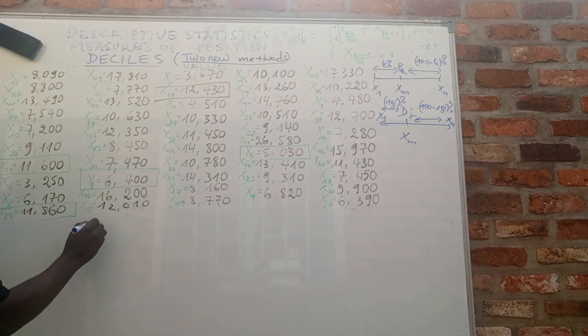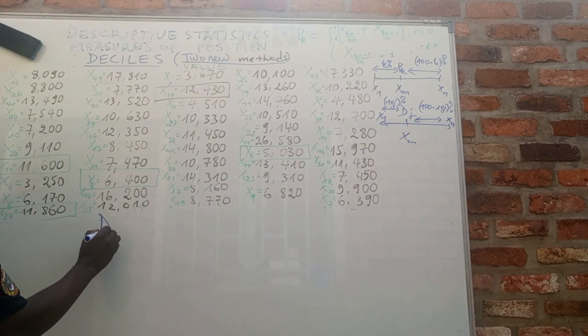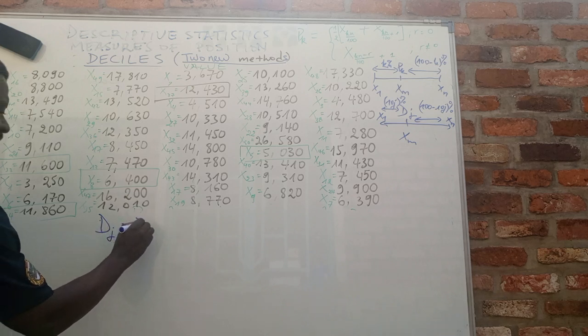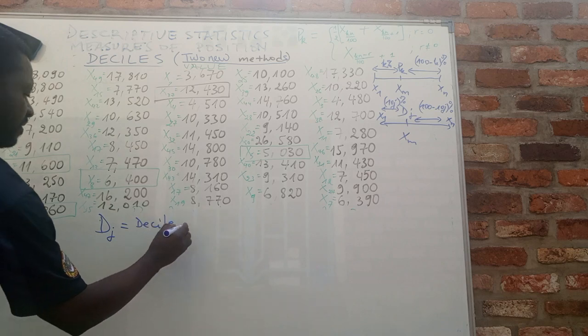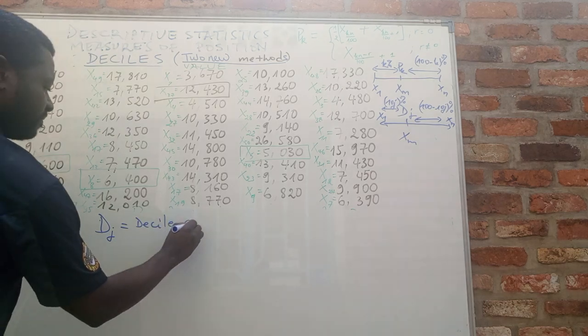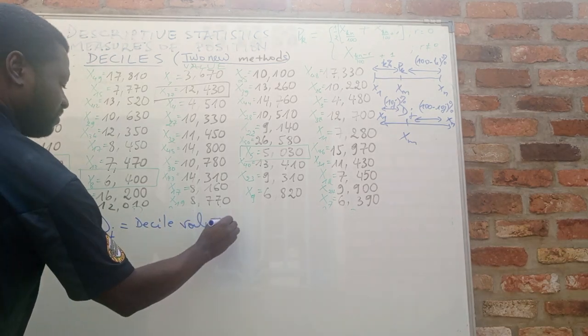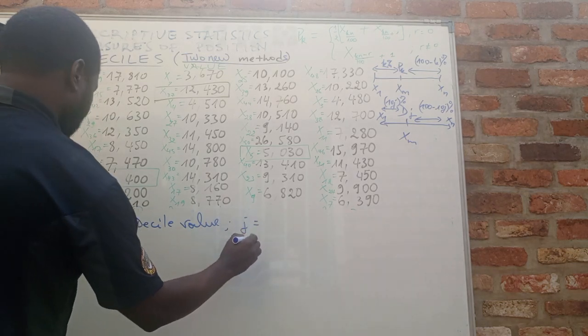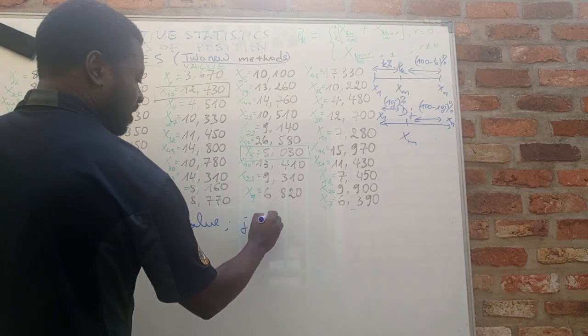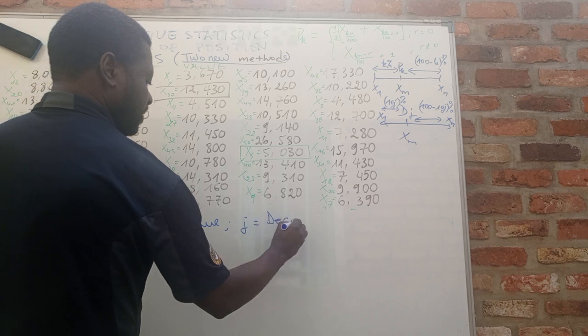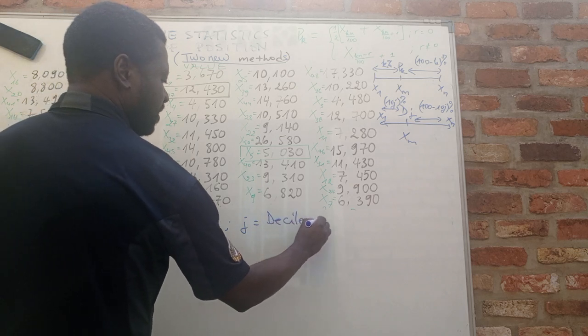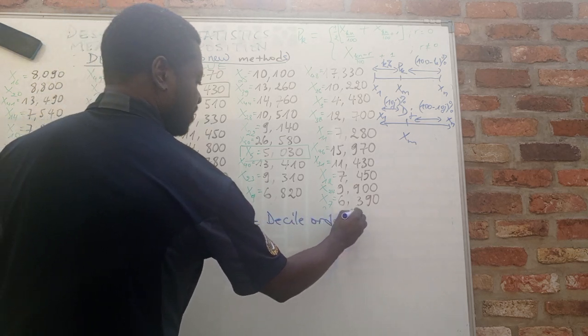So we have a decile of order j. We are going to call j the decile rank or decile order.